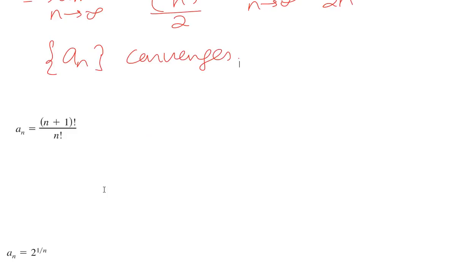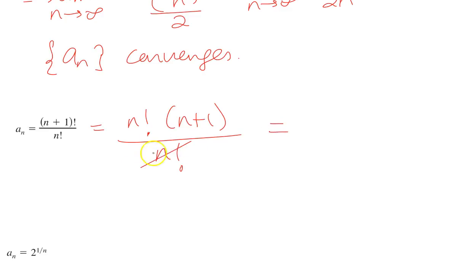Okay. What is the limit of this sequence? Let's tidy this up. How do we tidy this up? Always write the larger factorial using the smaller factorial in question. The smaller factorial in question is n factorial. So n plus 1 factorial is n factorial times n plus 1. Okay?